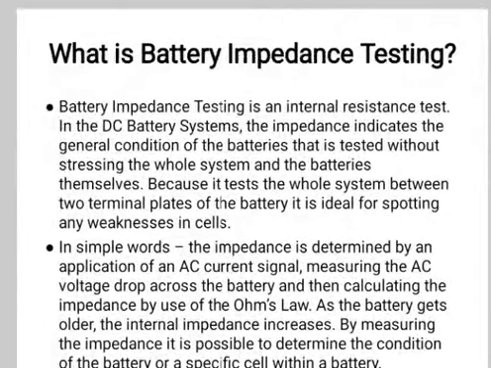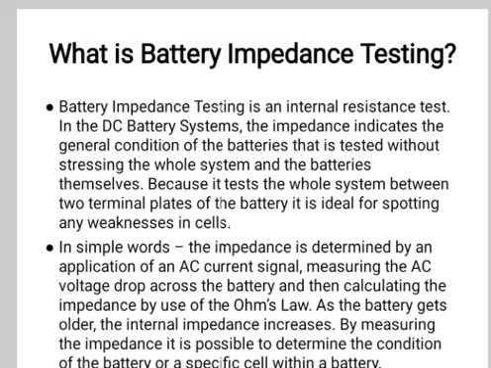So the battery impedance is the combination of internal resistance and reactance, where internal resistance plus reactance, or L plus C, is equal to impedance when using an AC stimulus.